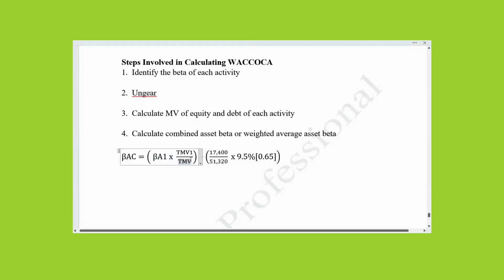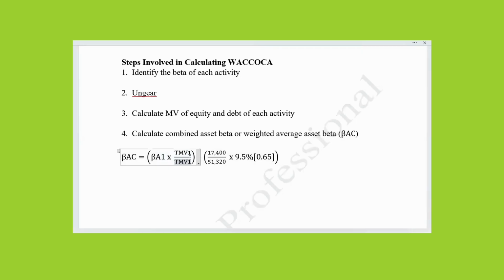Yes. So to calculate the weighted average asset beta, denoted as BAC, weighted average asset beta or combined asset beta, whatever you want to call it, this is computed as beta asset of the first activity multiplied by market value of equity and debt of the first activity over market value of equity and debt of the first and second activity.